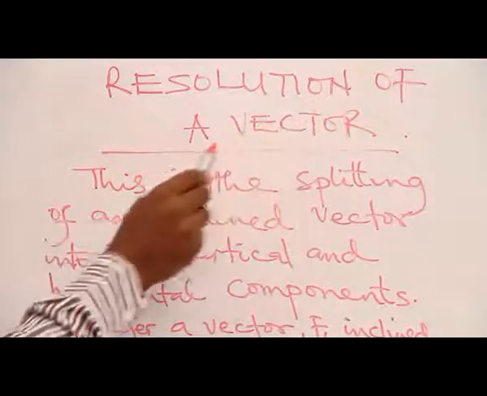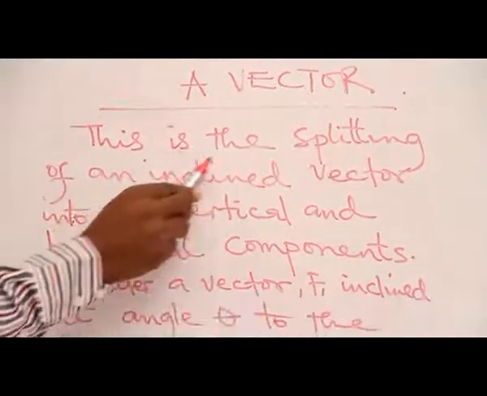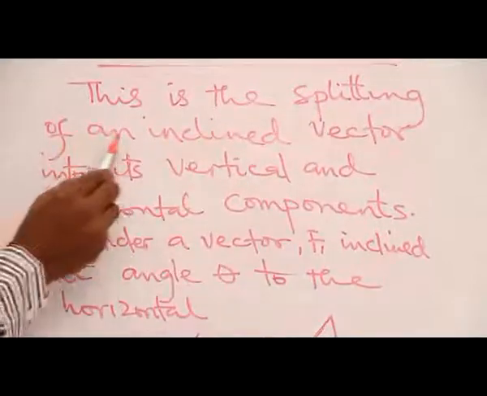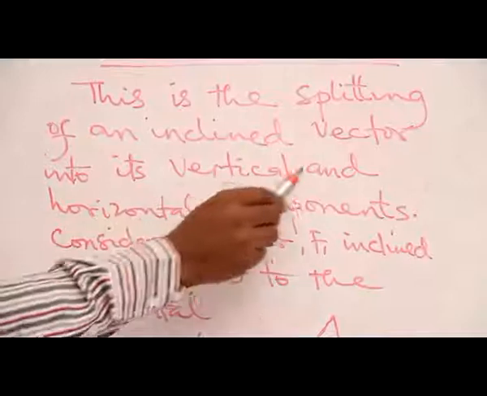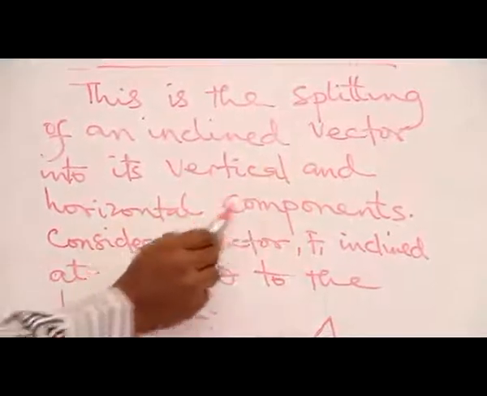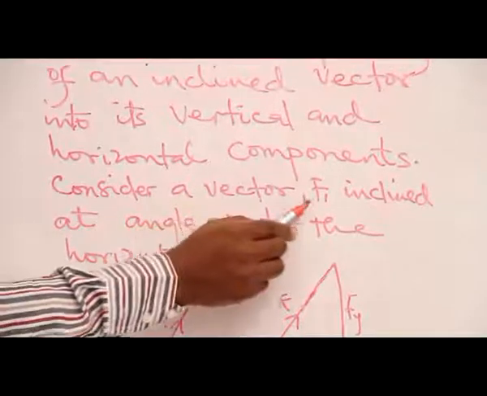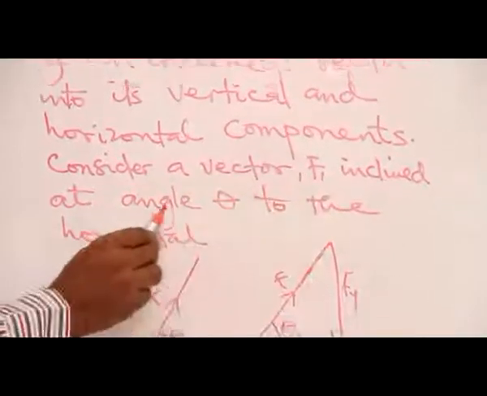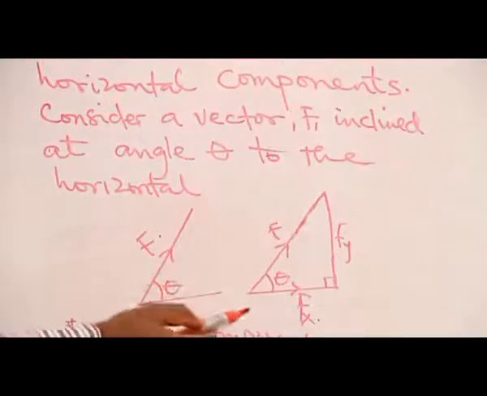Resolution of a vector. This is the splitting of an inclined vector into its vertical and horizontal components. Consider a vector F inclined at angle theta to the horizontal as shown below.